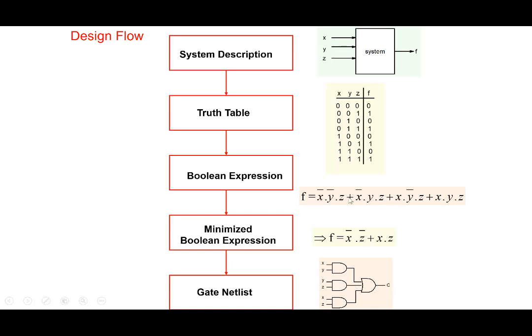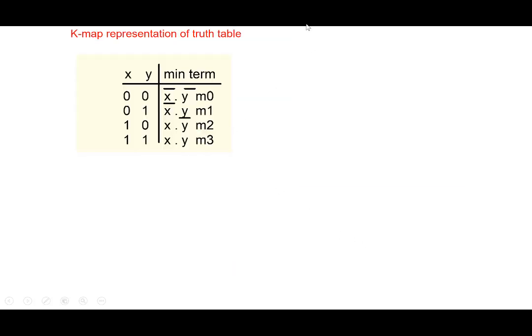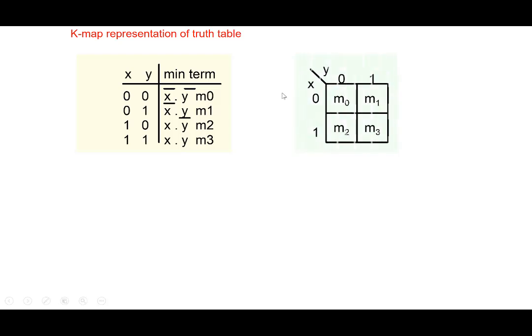So an important step is to take the Boolean expression and minimize it. And in that context, we said that there's a way of representing the information that is there in the truth table such that we can easily apply the principle on which the minimization is based here. So let's look at what that representation is.